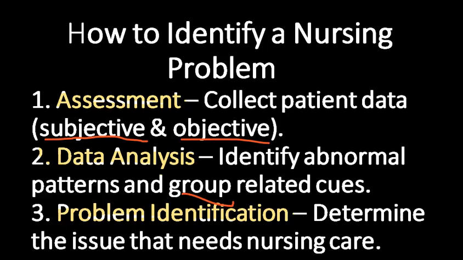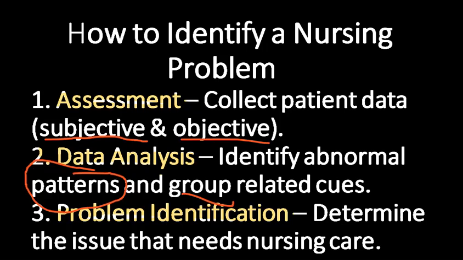Ask which findings are unexpected, which ones are related. This is where you separate the normal variations from the real problems by looking at the patterns as you group the data that you collected.